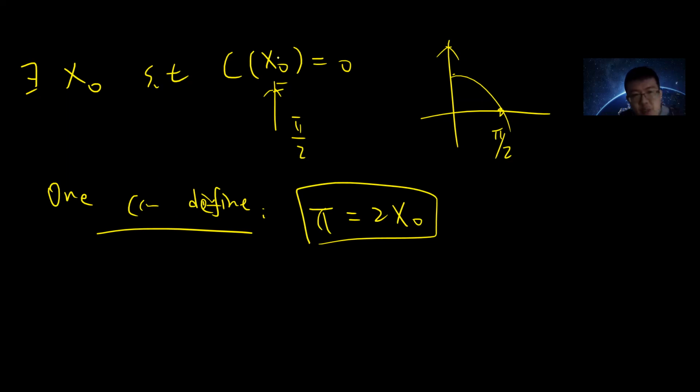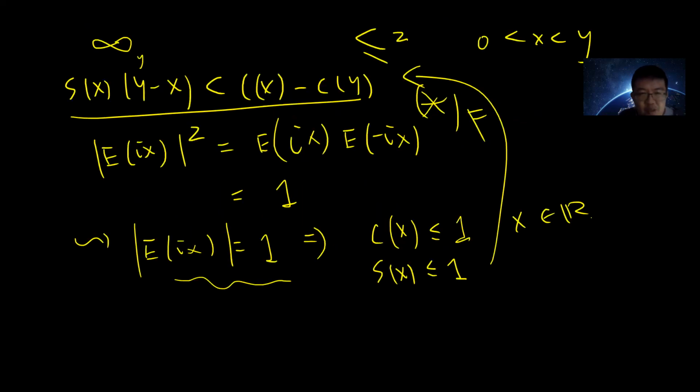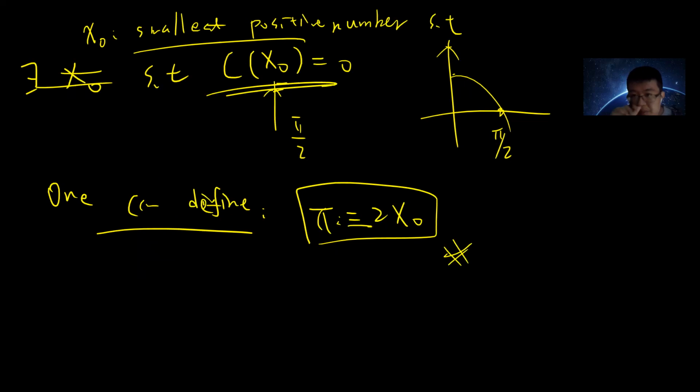I should define x zero to be the smallest positive number such that cosine of x zero is 0. And from your perspective, this is just pi over 2. So I can define pi to be 2 x zero. So this is very interesting, that you can define pi in an analytical way, using the first zero of cosine.